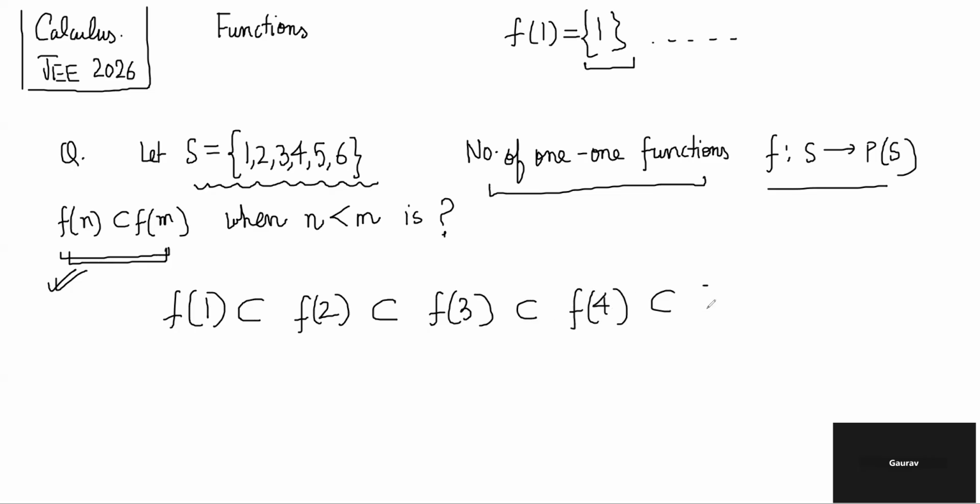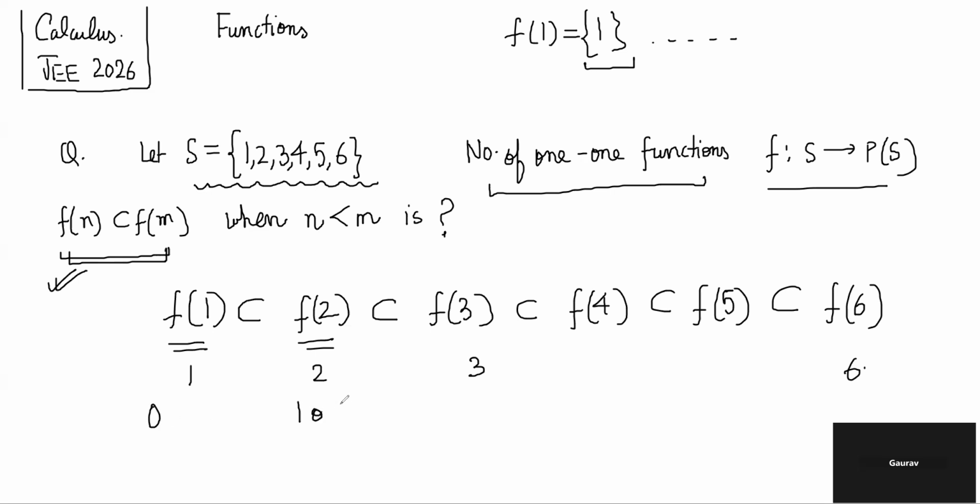So that means the number of elements in all of this is different, right? So you can have this as 1, 2, 3, and this as 6 element set, or you can have this as 0, and then this can be basically 1 or 2, and this can be 2 or 3, right?